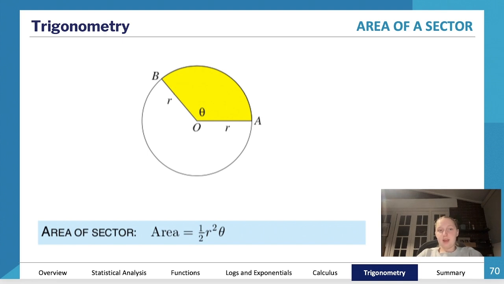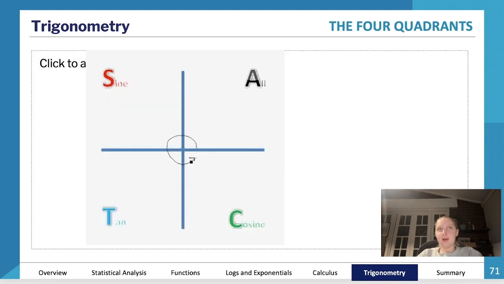Okay, and then the other super important thing to remember when we're looking at trig, especially when you're looking at solving trig functions, is these 4 quadrants. So you've got A, S, T, and C, which most people remember as all stations to central.